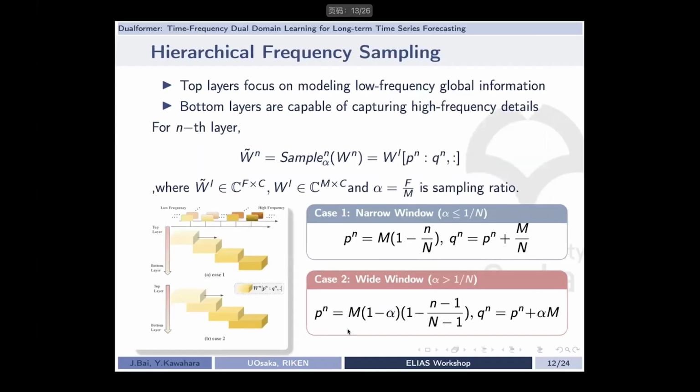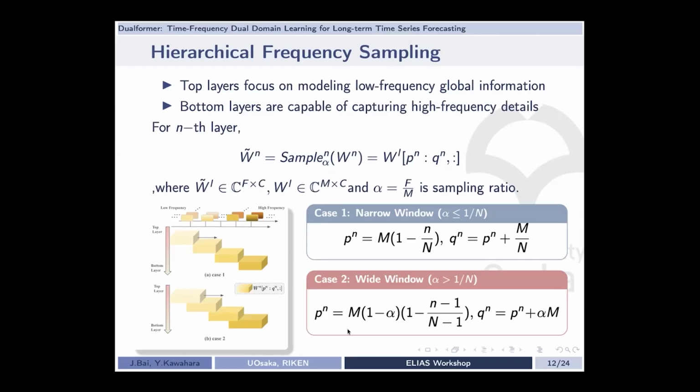The first one is the main idea, the hierarchical frequency sampling strategy. Instead of looking at all things at once, we decide to tackle different frequencies step by step. As I mentioned before, top layers focus on modeling low frequency global information and bottom layers on high frequency details. The implementation is actually very simple.